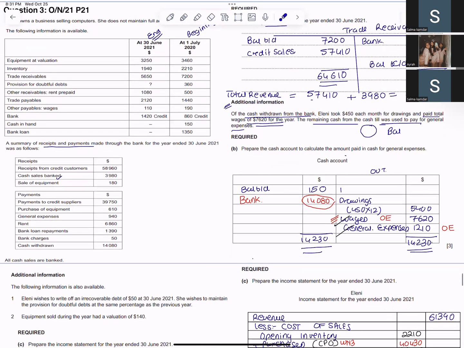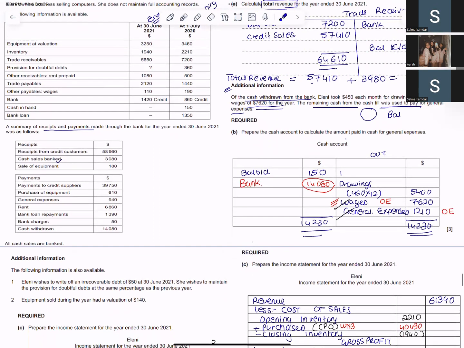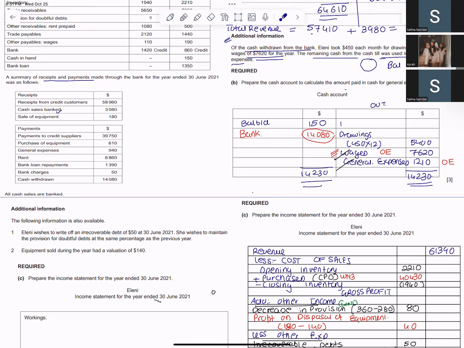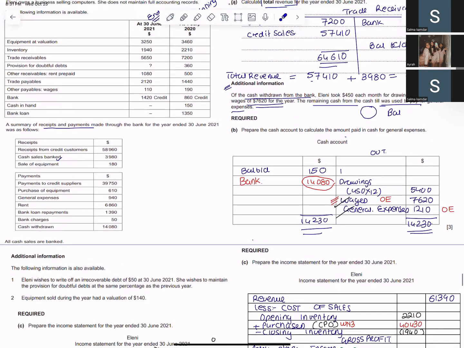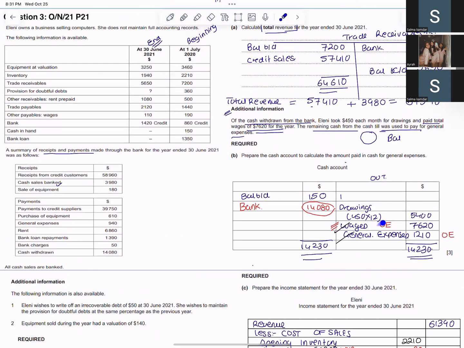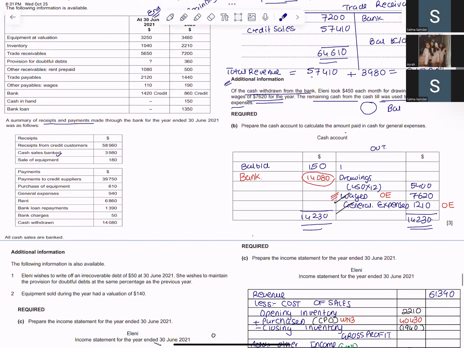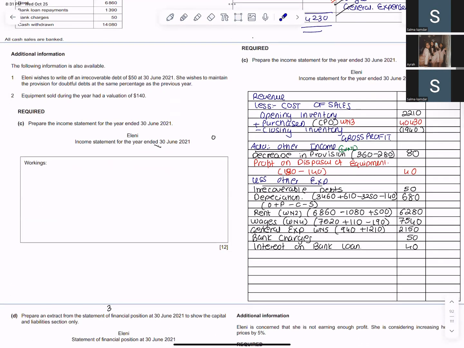Opening and closing inventory done, credit revenue is done, rent is done, wages is done, bank was done, bank loan interest is done. I think all is done. Check in the account also. Anything left? No, I don't think so. Wages and other expenses, everything is done. Always strike off. Additional information is incorporated. That means the sum is complete.